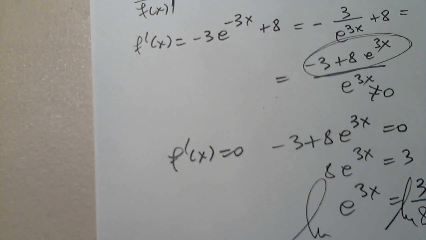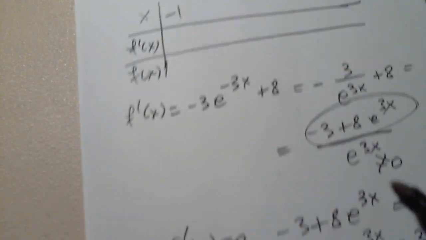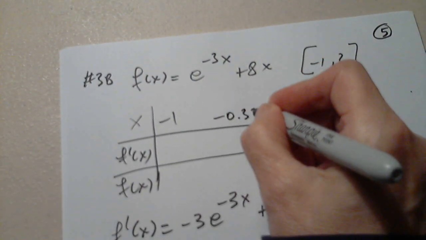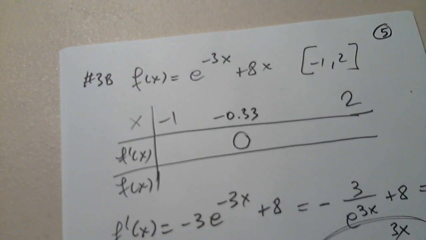So we go here, and we have natural log 3 over 8, and we divide the whole thing by 3. Okay, so it is in -1 to 2, and it's -0.33. Good.